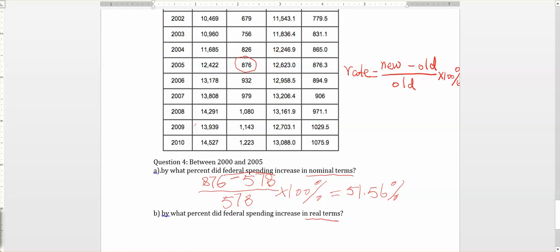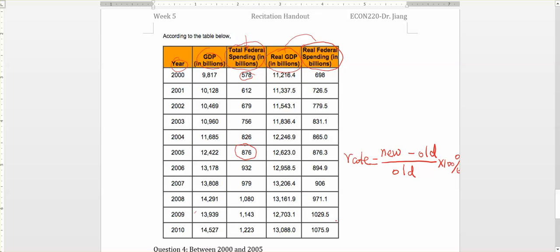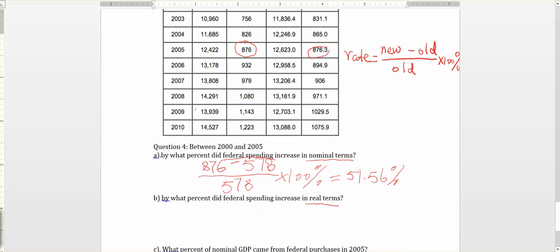Obviously, the second question asks about the federal spending increase in real terms. So now we just look at the fourth column and we'll get enough information. In the fourth column, the new number is 876.3 and the old number is 698. Now we can use exactly the same formula.